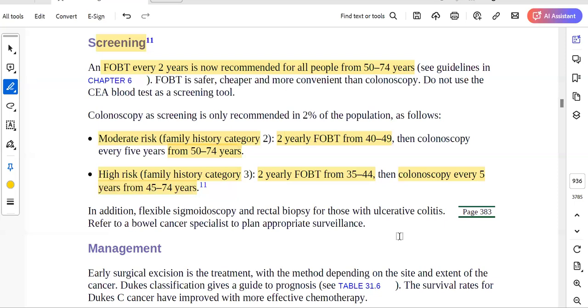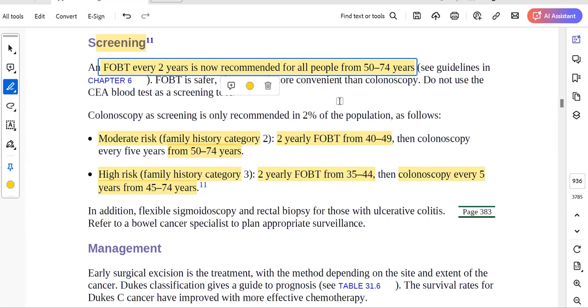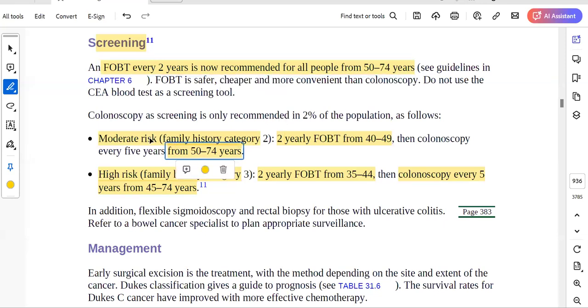So I want you guys to memorize these three things. One, this one is for low risk patients who will get FOBT 2 yearly from 50 to 74. Moderate risk, now who are moderate risk, we are going to discuss. Moderate risk patients will have FOBT 2 yearly from the age of 40. Okay, so 40 to 49, they will do the FOBT.